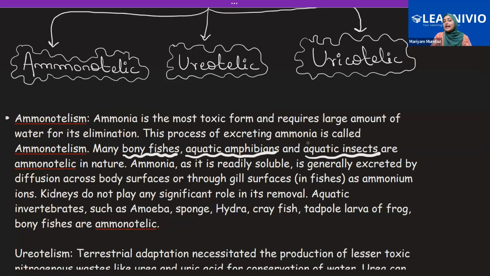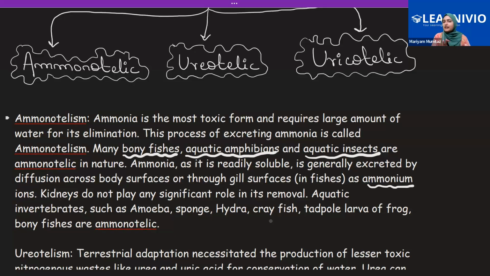Now ammonia is readily soluble. So for the removal of ammonia from the body of the organism, since it is soluble, it can pass through the plasma or through the surface of the body, by simple diffusion. So it is generally excreted by diffusion across the body surfaces or through gills in the case of fishes, in the form of ammonium ions.